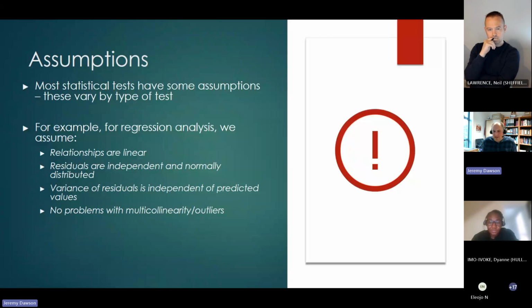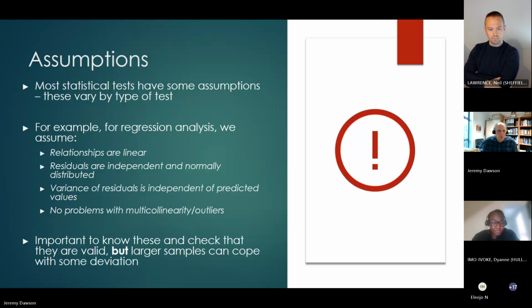The important thing is knowing that there are assumptions that should be tested, and if assumptions are not met, it casts doubt on the reliability of the findings we get, especially anything to do with inferential statistics. So standard errors, which are a measure of how accurate an estimate is, they would be biased if these assumptions are not met.